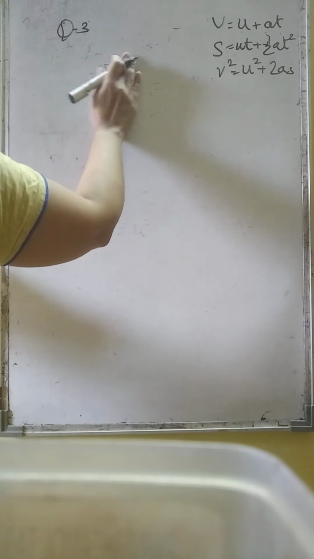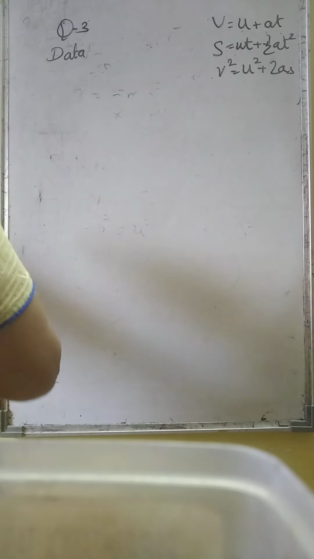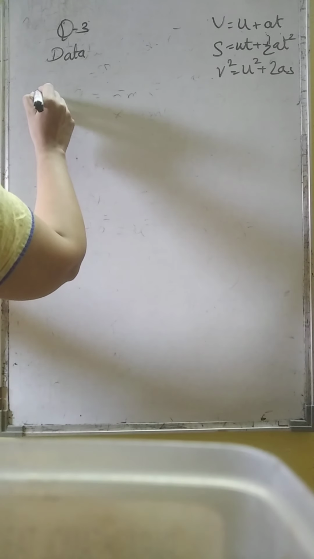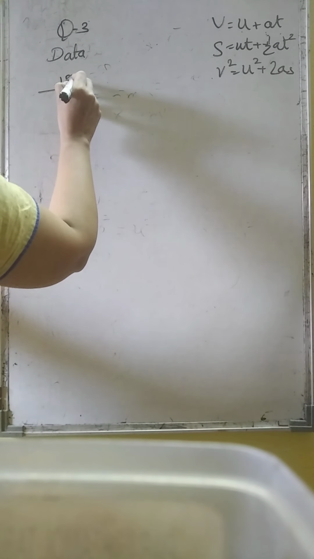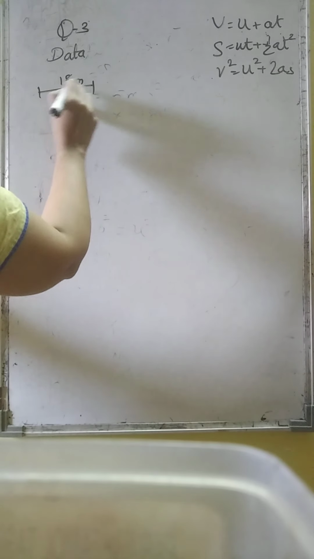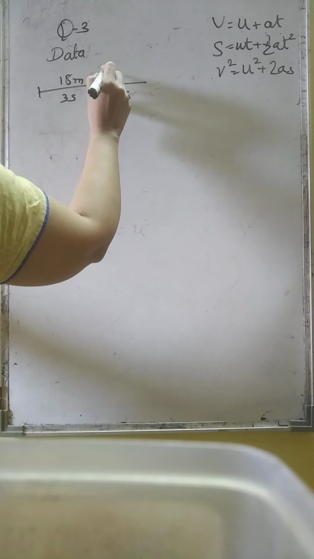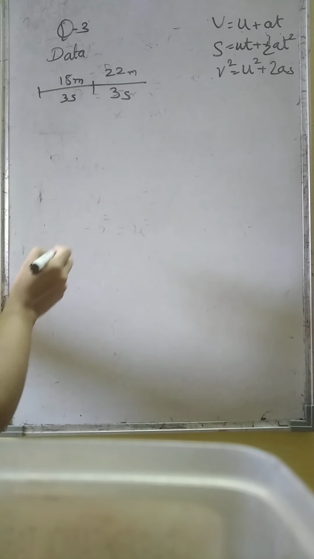Okay, now I am just drawing the diagram. Children, sometimes it is possible to write down the diagram, sometimes it is not, so I write according to my understanding. An object moved 18 meters in the first 3 seconds. Then in the next 3 seconds it moved 22 meters.